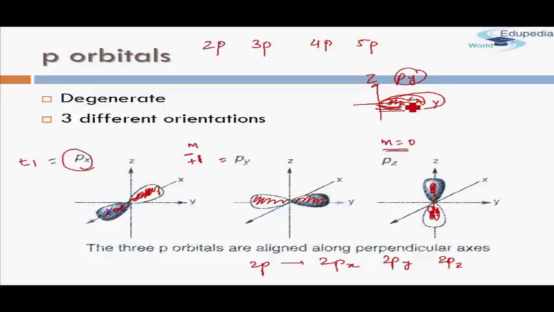The actual electron can be present anywhere from 0 to infinity in this lobe, but the likelihood is represented by this shape. That means the likelihood of finding the electron for 3p is a bit farther away than the likelihood of finding the electron of 2p.